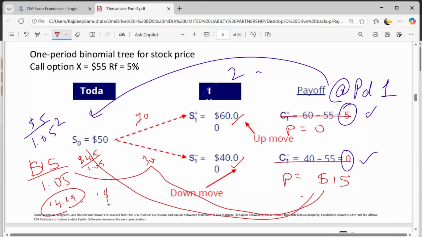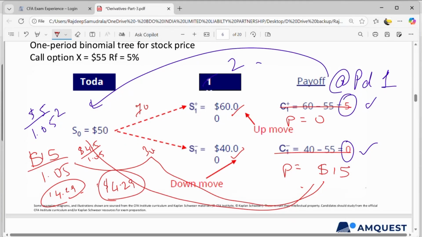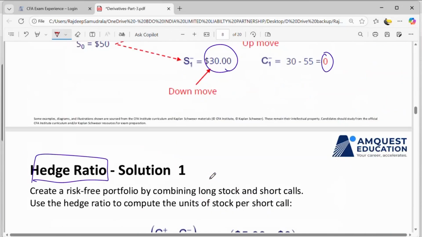Correct? Yes, sir. That will give you 4.29. Okay. So again, in the exam, if they say worst case scenario, take 100% probability. If they say expected, they give probabilities. So the point is, if they give you probabilities, then you will work it out like this. Clear? Very good. Chalo, perfect.